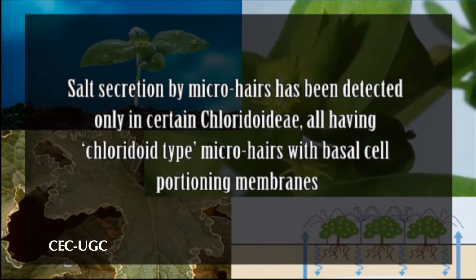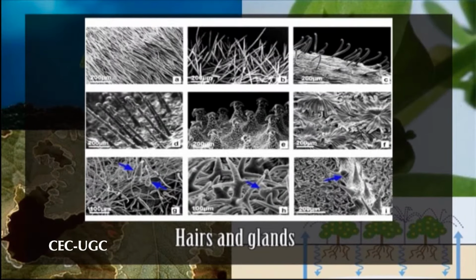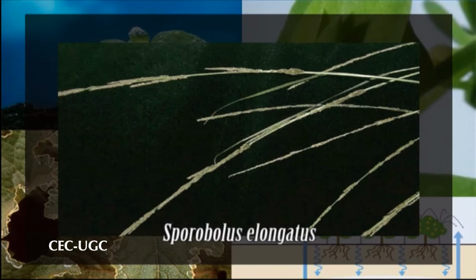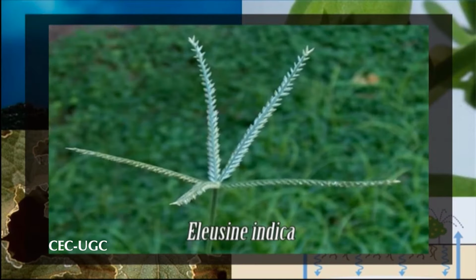Salt secretion by microhairs has been detected only in certain Chloridoideae, all having chloridoid-type microhairs with basal cell partitioning membranes. It has not been detected in many species with microhairs that lack a basal cell partitioning membrane. For example, the chloridoid-type microhairs of Sporobolus elongatus and Eleusine indica do not secrete salts despite their possession of partitioning membranes.